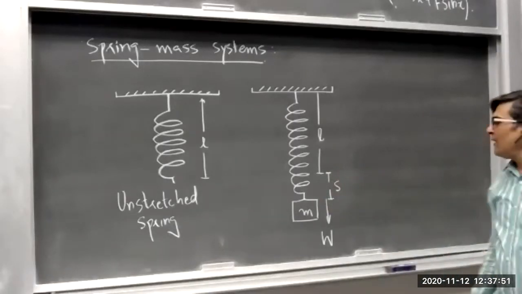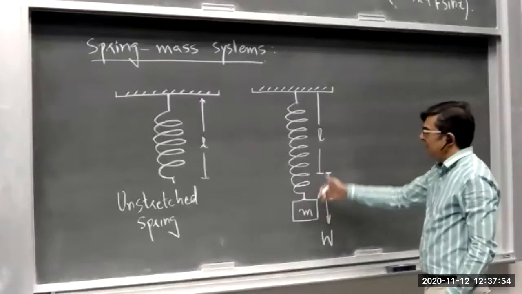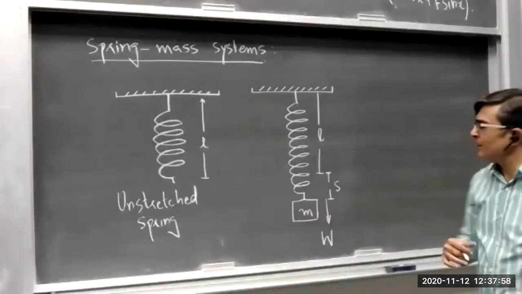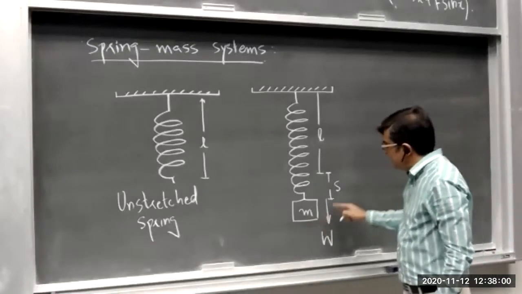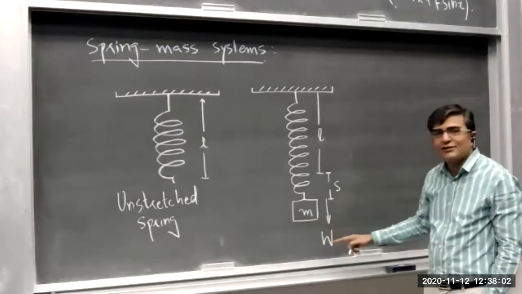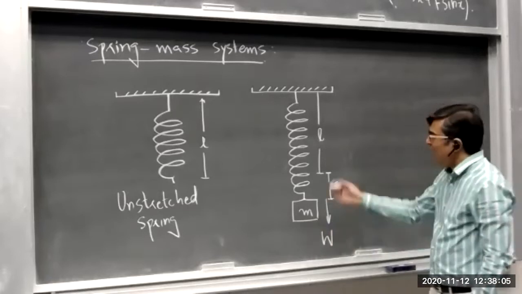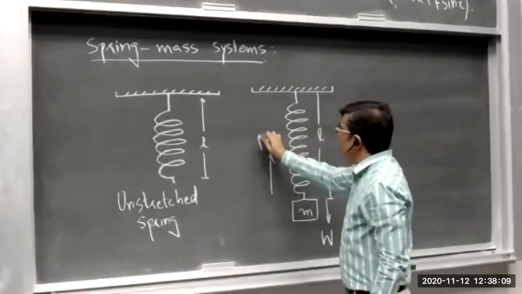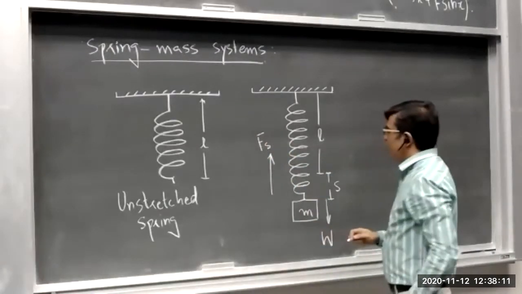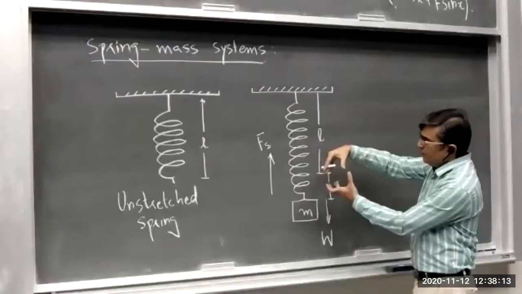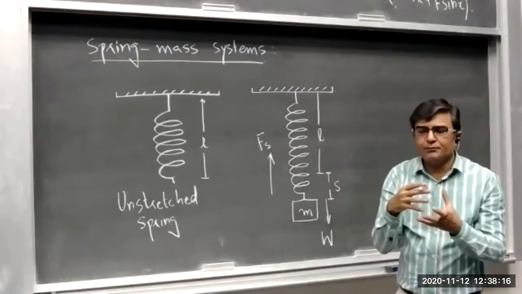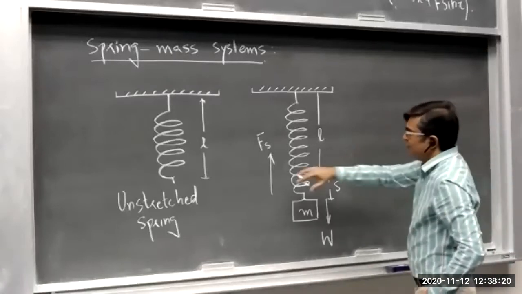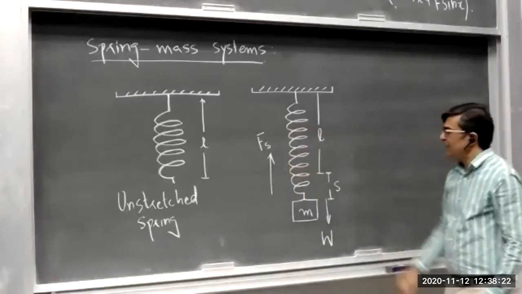Now, when we attach a mass to this spring, there are two forces acting on this mass. One is the weight of this mass, which is a gravitational force, and the other one is the restoring force, which we denote by Fs. Because the spring tries to return to its original position, there must be a restoring force.